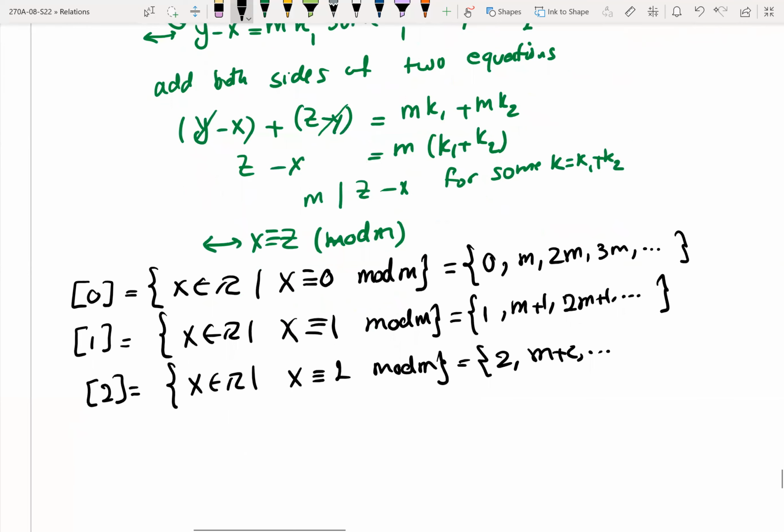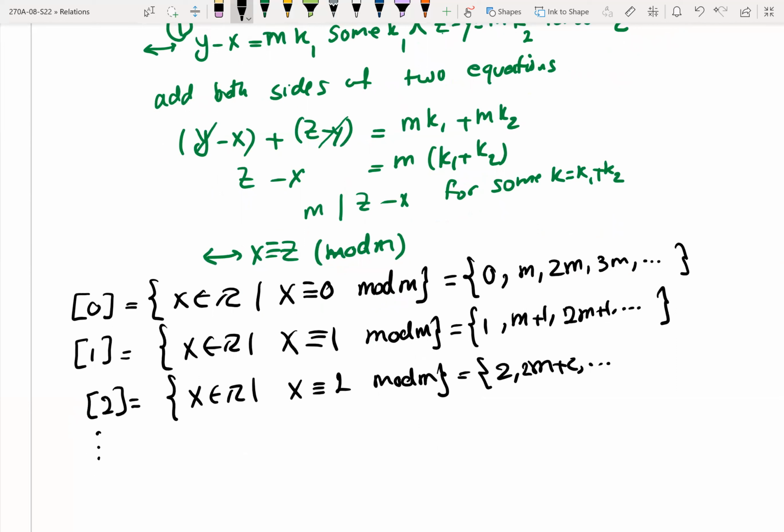Sorry, you can go all the way to m minus 1. So the class of all integers that have the same remainder as m minus 1 when you divide by m.